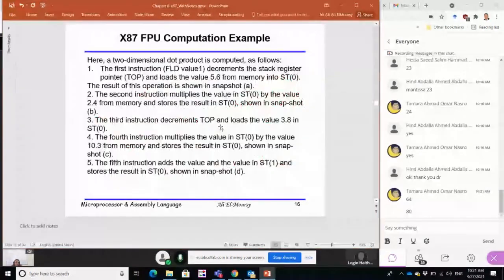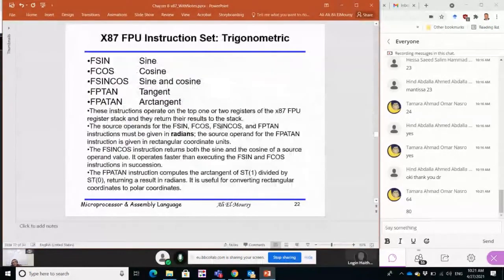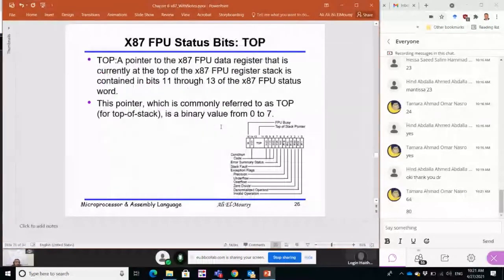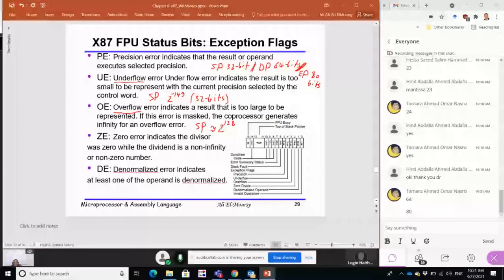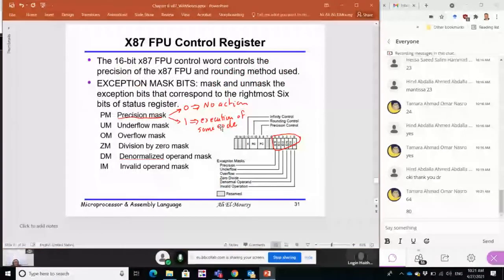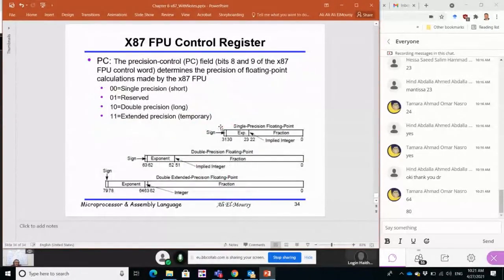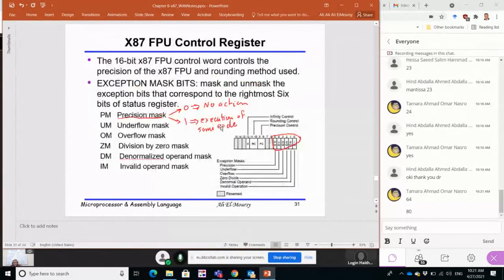And how can you control all of this? You are doing this through what we call the control register. Okay? Let's go directly to the control register since this comes along with our discussion. The control register allows me to do some configuration for the processor.